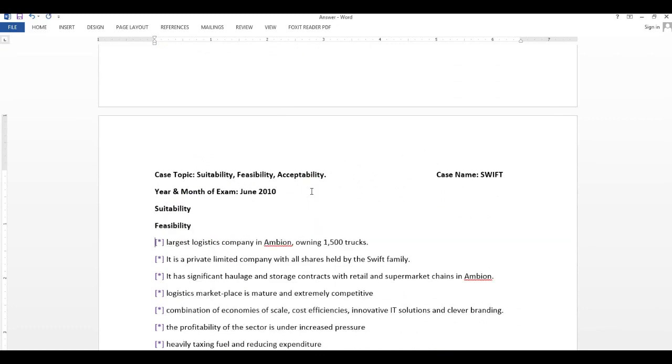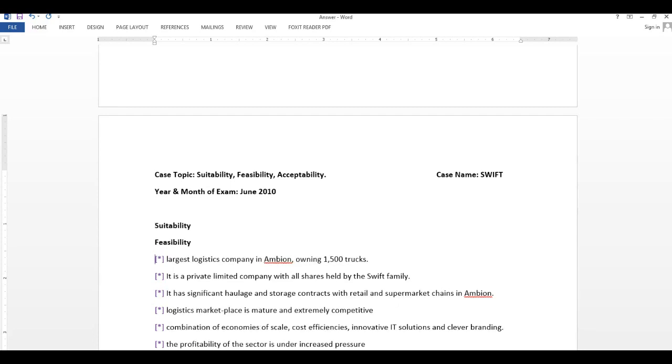So we'll get started. So this company, Swift, is one of the largest companies and owns 1,500 trucks. Okay. So we have to find out whether it's suitable. So we'll just see the common information between the companies. Okay. So it is the largest company. It is a privately owned company. It's the biggest logistics management company.